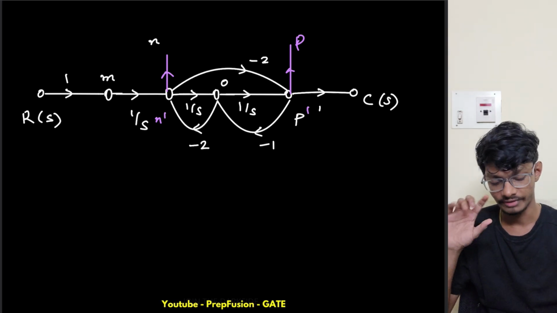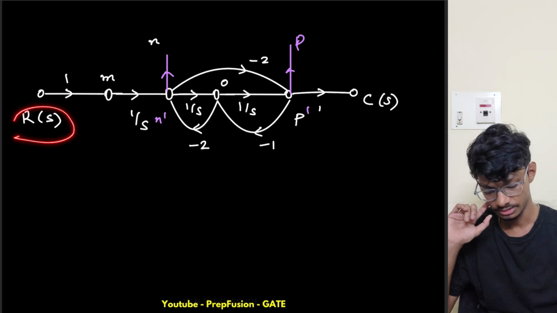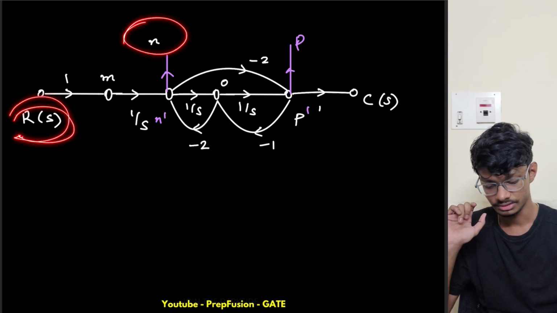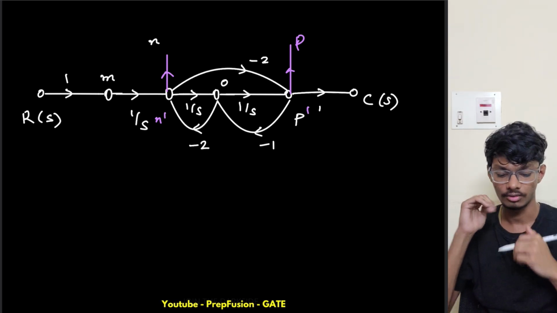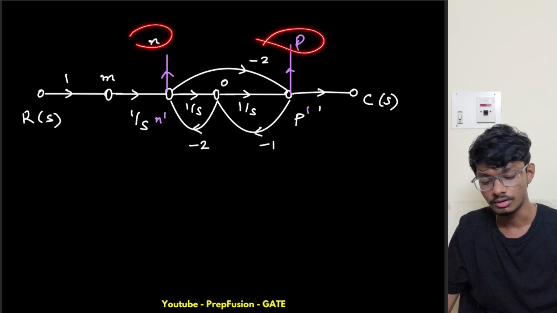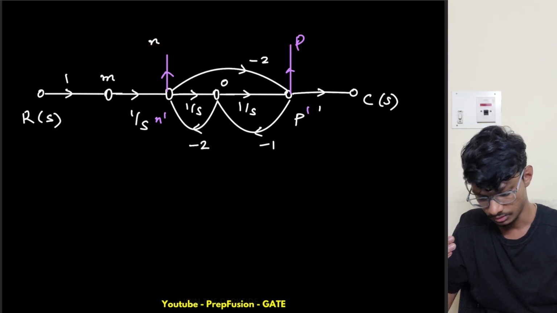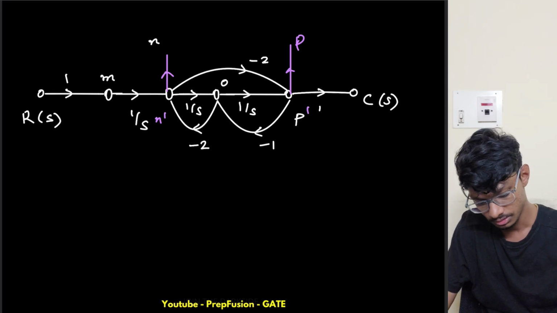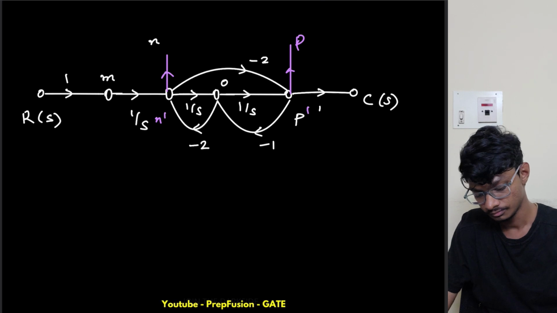So if I find C upon this R(s), then I find N upon this R(s). Then I take the ratio of those two, then R will get cancelled and I will be left with this P upon N, or P is equal to C only. So the first thing I have to write is P is equal to C, because P times 1 equals C only.